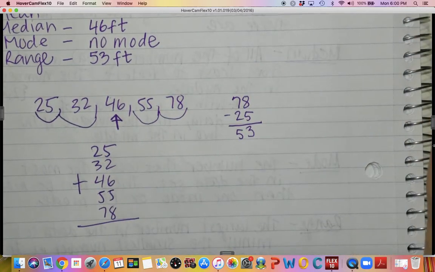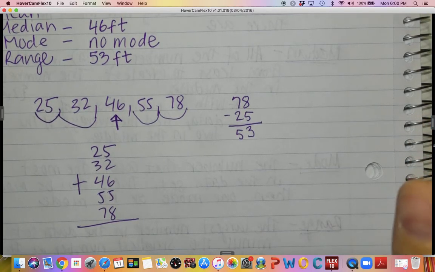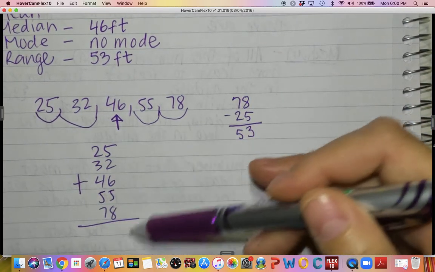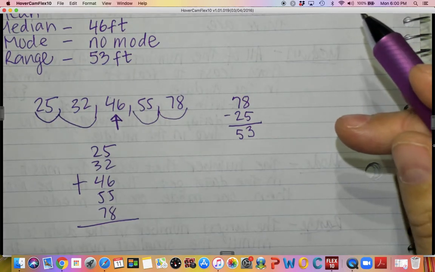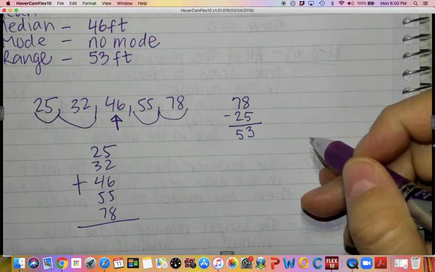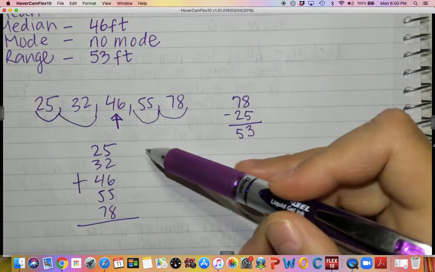However you add them, doesn't matter to me as long as you double check your work and make sure you have the right number. So go ahead and start adding these. I'm going to do it and then I will reveal the answer. So take a little bit of time to do it. Add all of these up.